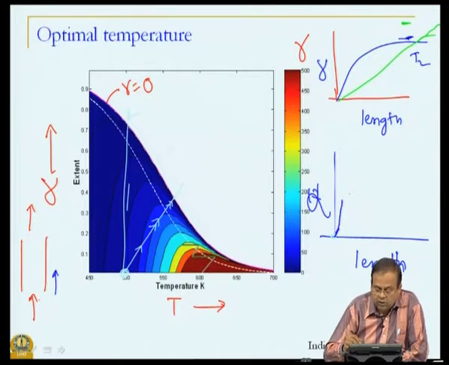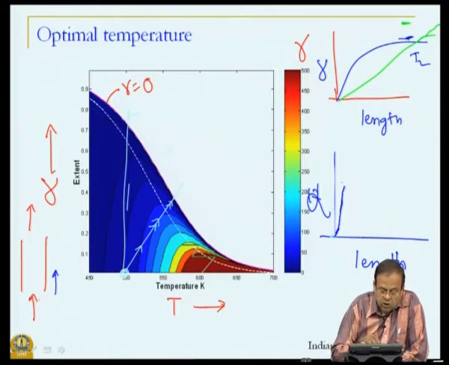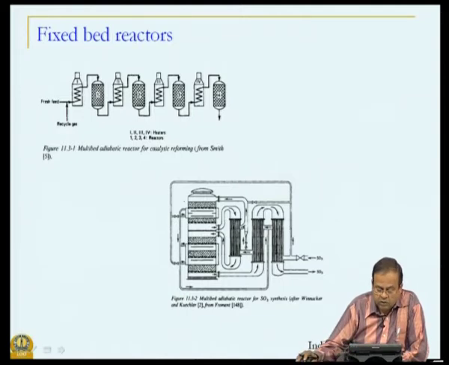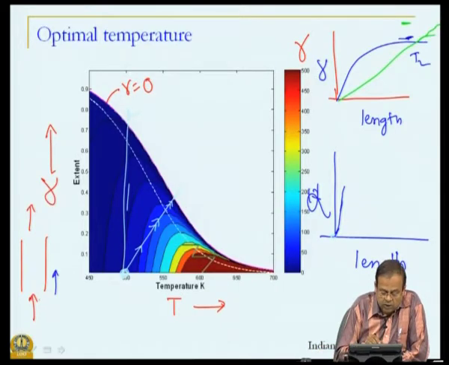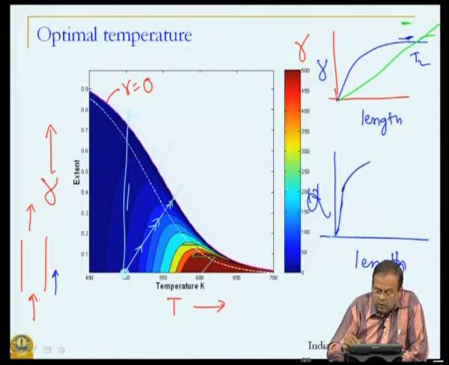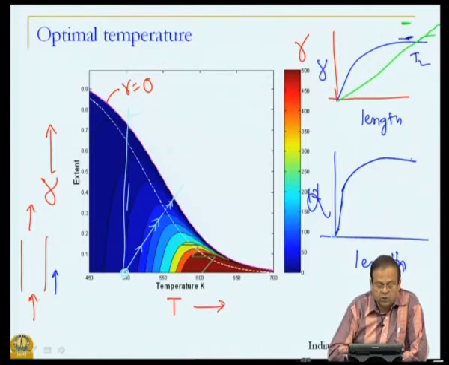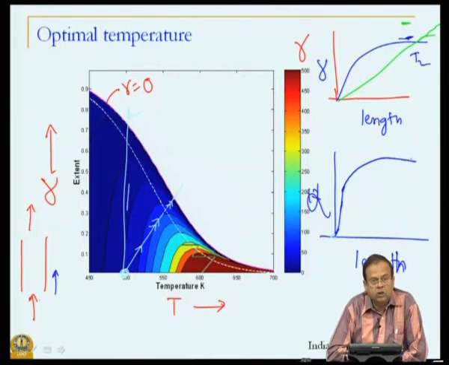Unlike this, the rate here will increase initially as my temperature is increasing, as I am traveling along the length of the reactor. It will increase, reach a maximum value over here, and then start decreasing. And once again I will reach a saturation value.